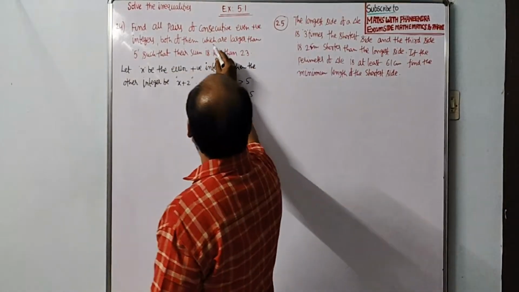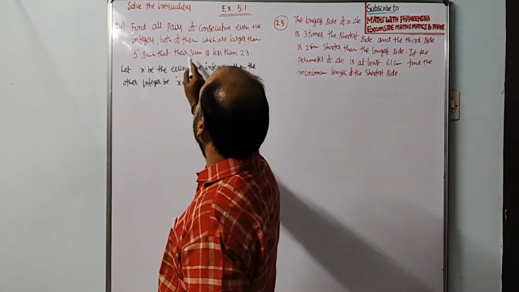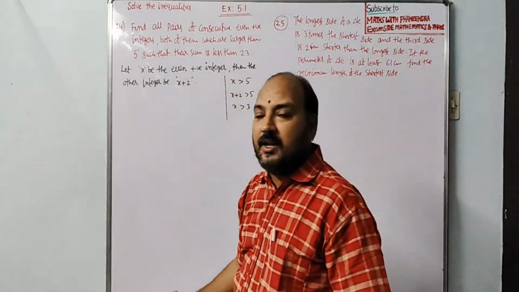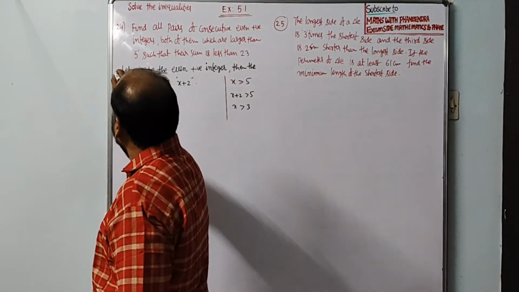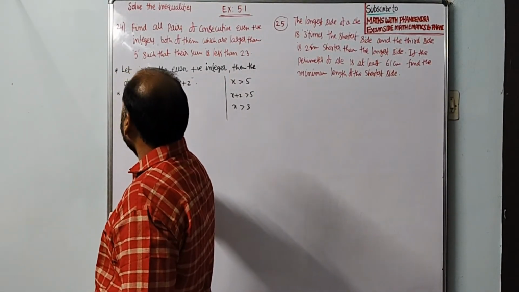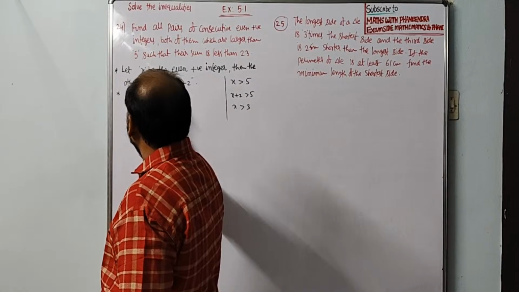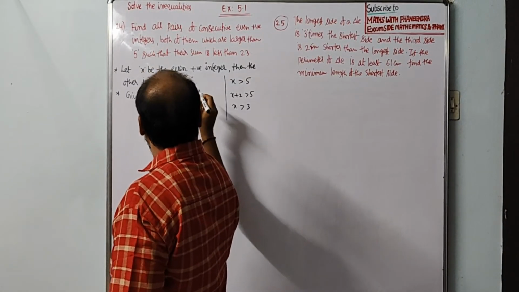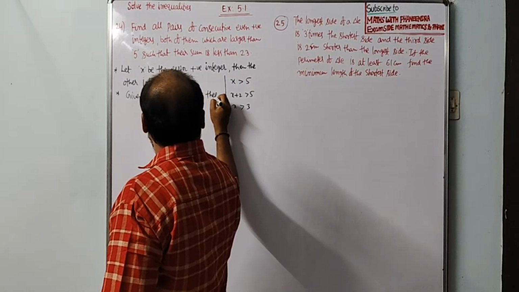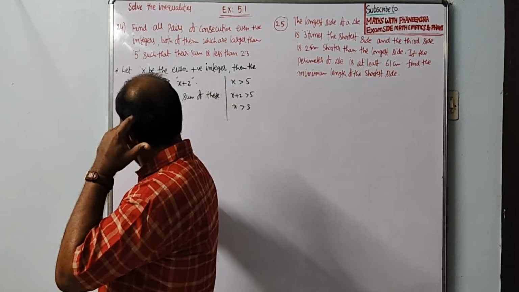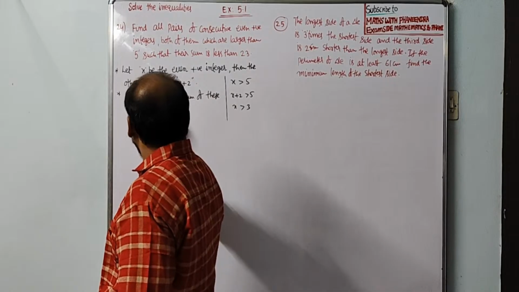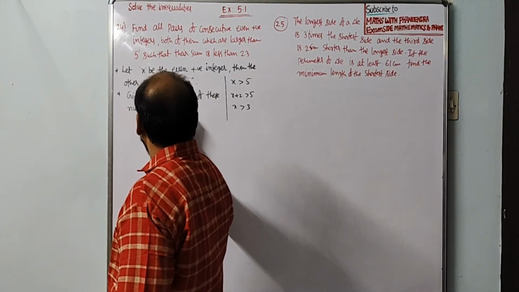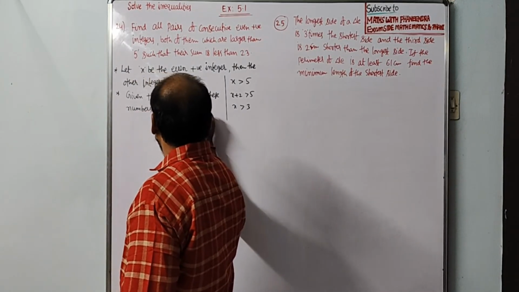Next, which are larger than 5 such that their sum is less than 23. Given that the sum of these numbers is less than 23.